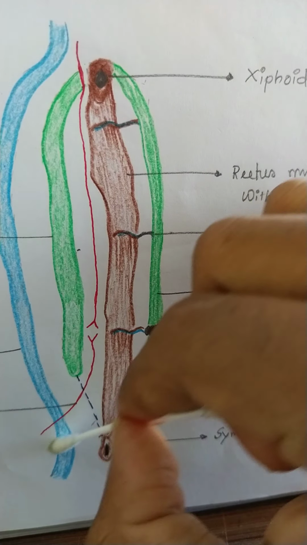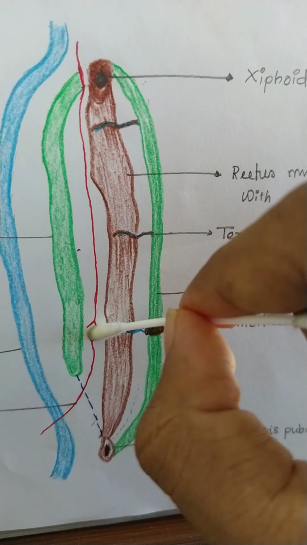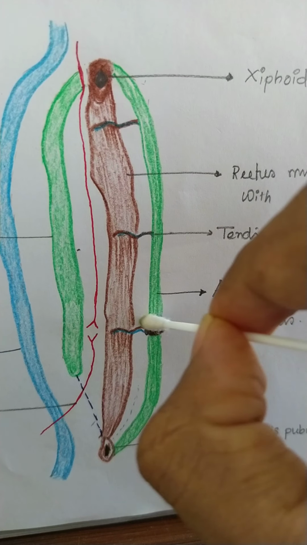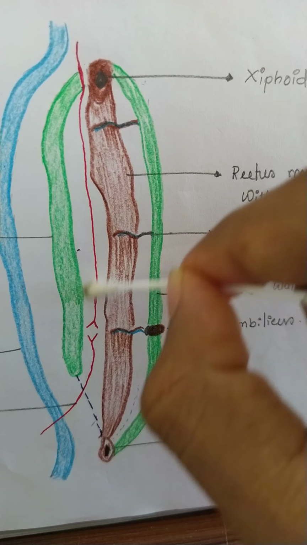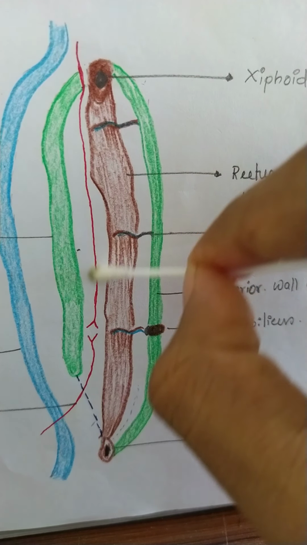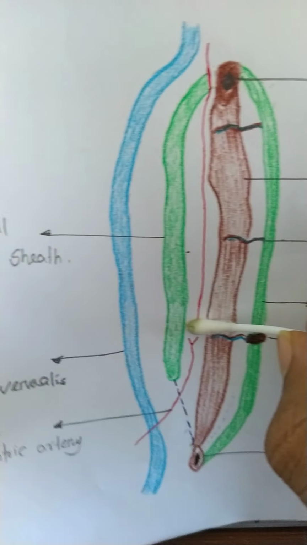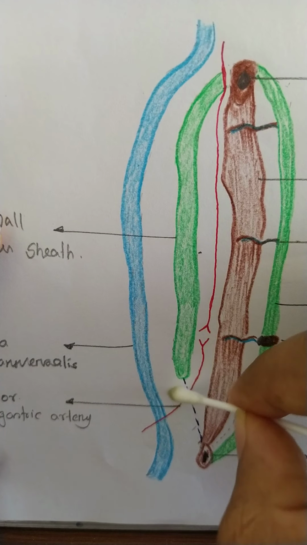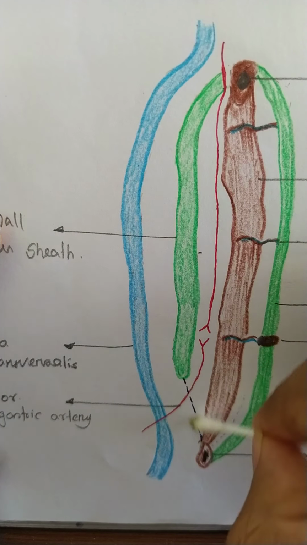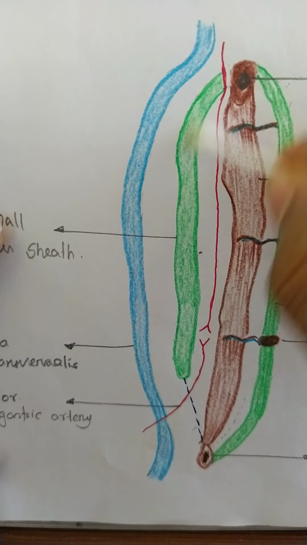It is the inferior epigastric artery, which corresponds just below the umbilicus, and which corresponds with another, the superior epigastric artery. And you can see here there is a devoid of posterior rectus sheath.